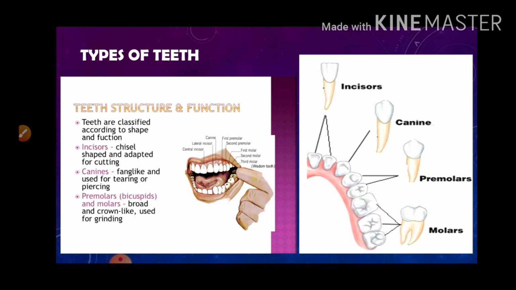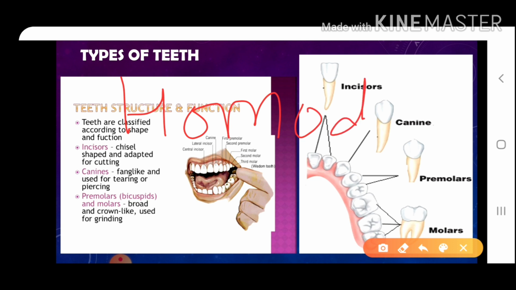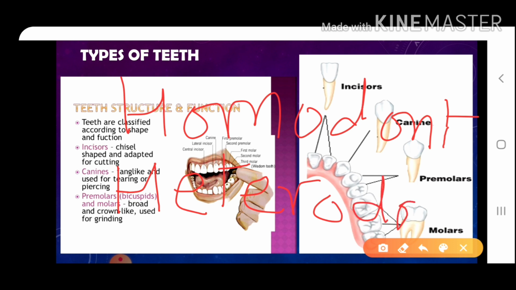Since we are studying teeth, we would see what the morphology of teeth is, and on the basis of this morphology, that is the structure, shape and form, teeth can be classified into 2 types: homodont and heterodont. So homodont and heterodont are the 2 classifications on the basis of morphology.